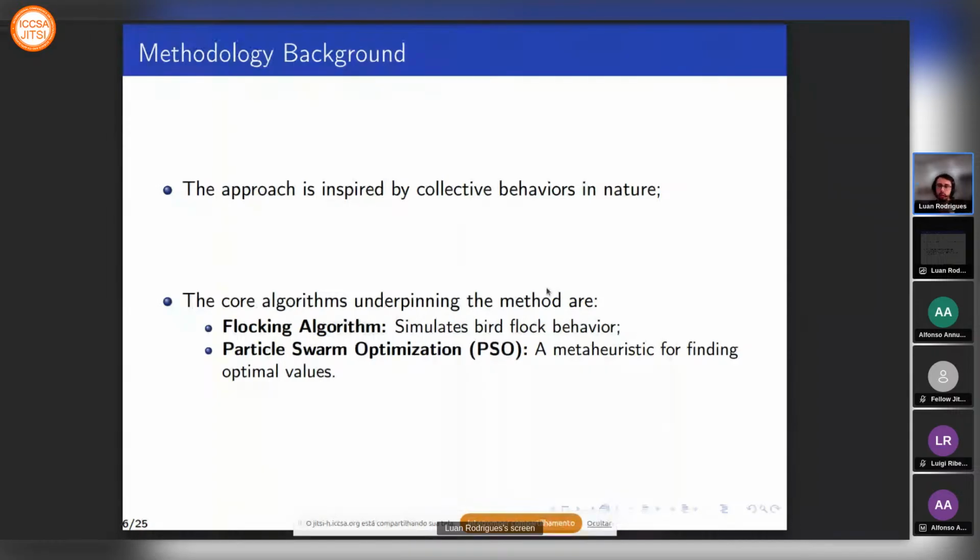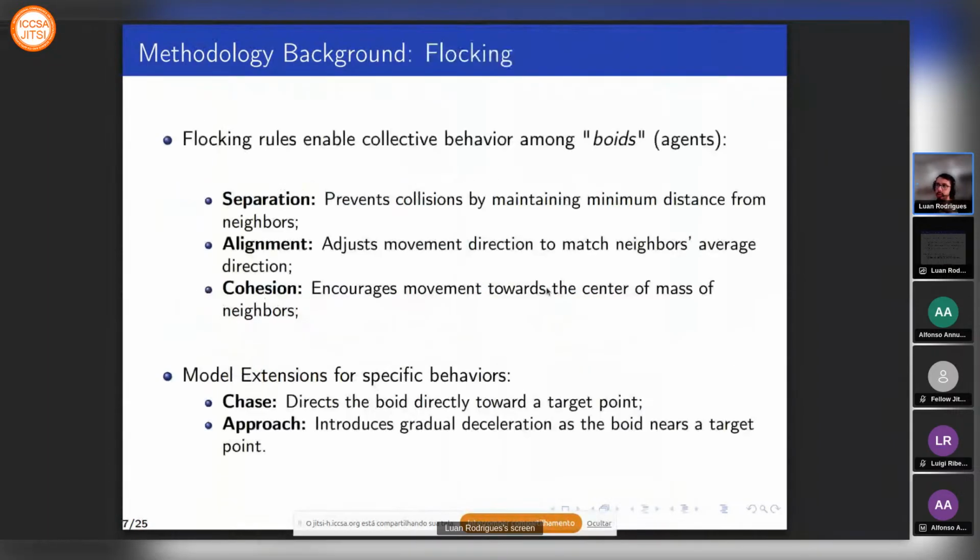The flocking algorithm will handle the collective behavior of the boids of the swarm, and it implements some special rules like separation, which handles the problem of the boids colliding with each other, the alignment, which makes them fly together, and the cohesion, which makes them stay together, go to the center.